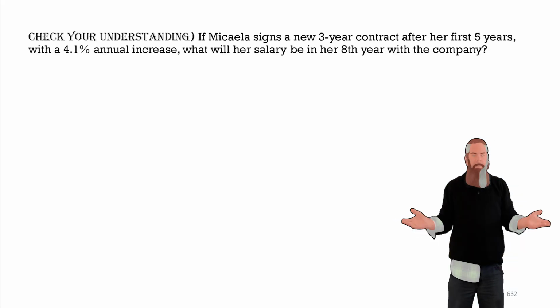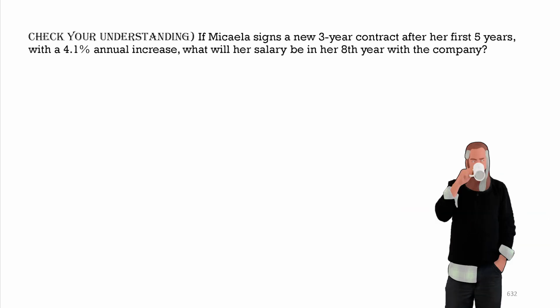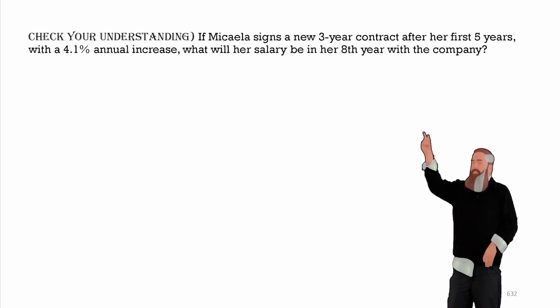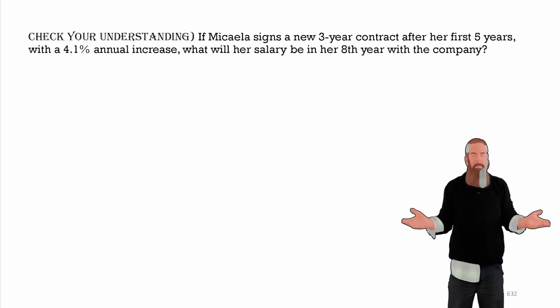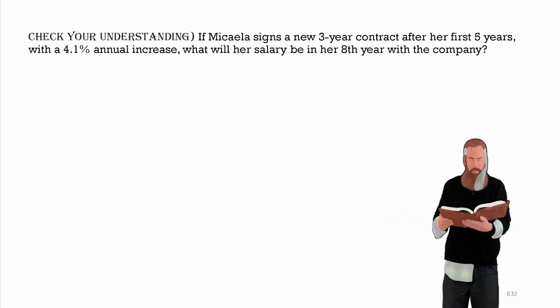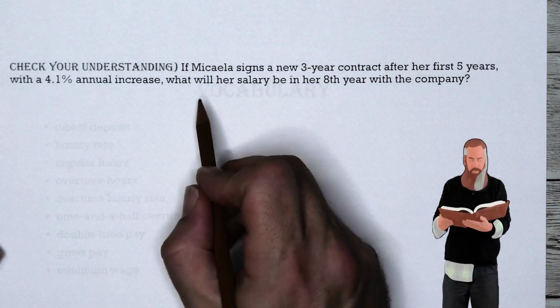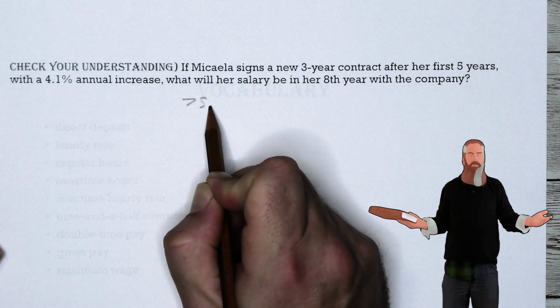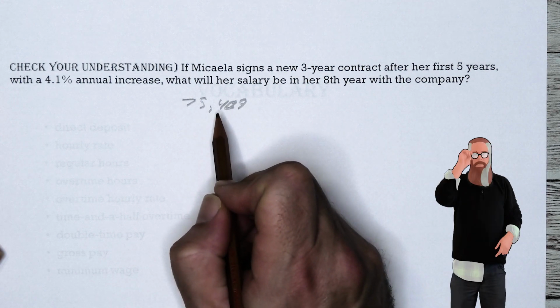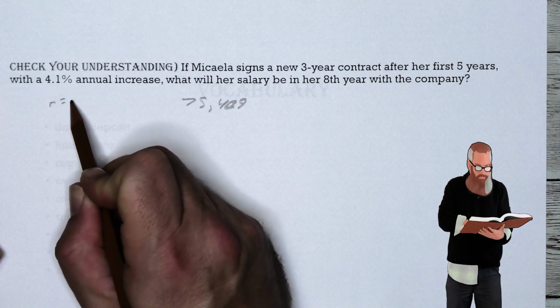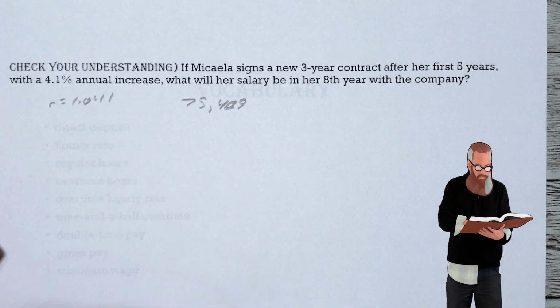Let's check our understanding of this. If Michaela signed a new 3-year contract after her first 5 years with a 4.1% annual increase, what will her new salary be in her 8th year with the company? So the key right here is we know we are at $75,409 at 5 years. We also know that the rate she's going to be getting is 1.041.